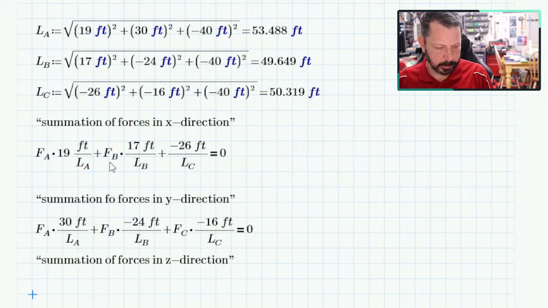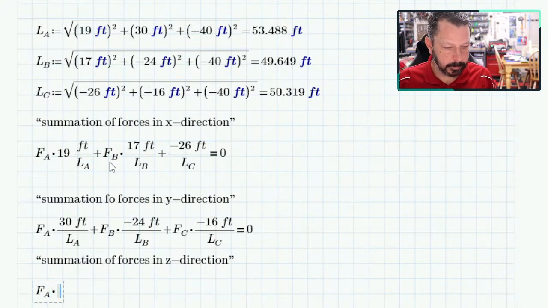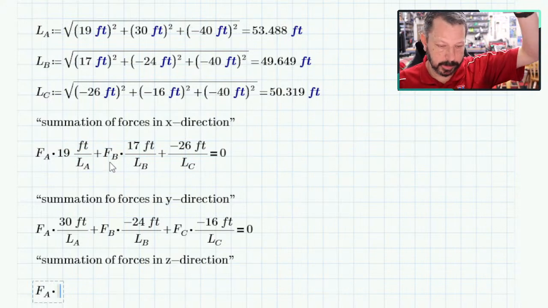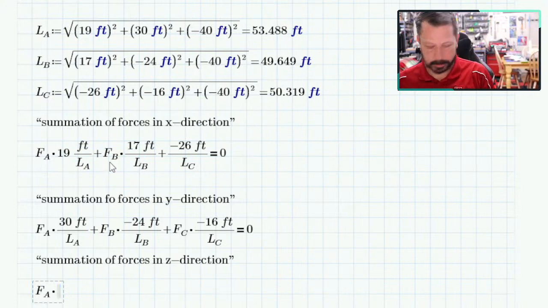Okay, so FA times, and these are all negative 40, because we raise the balloon 40 feet above the ground plane. So they're all negative 40 coefficients here. Whoops, I put 10.